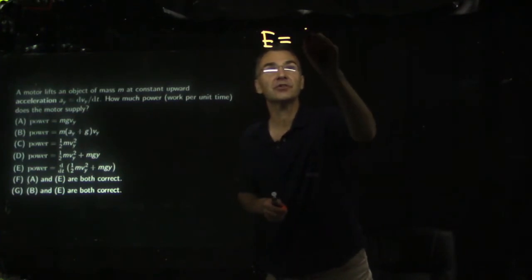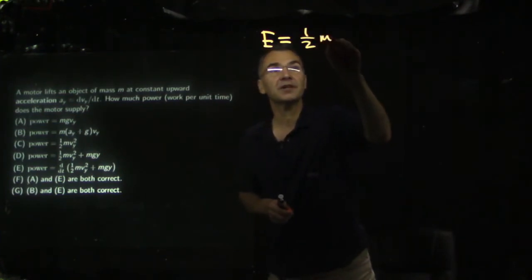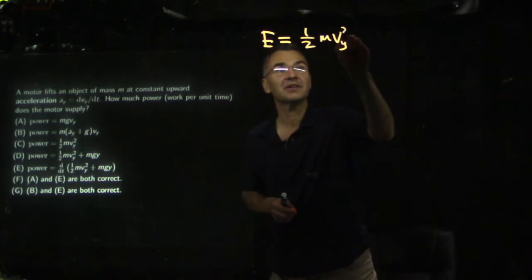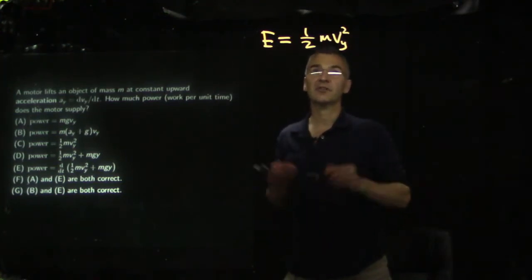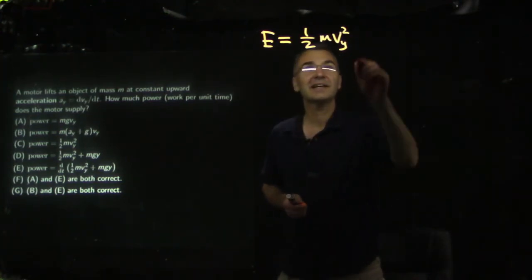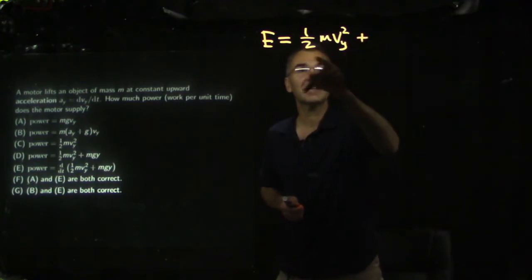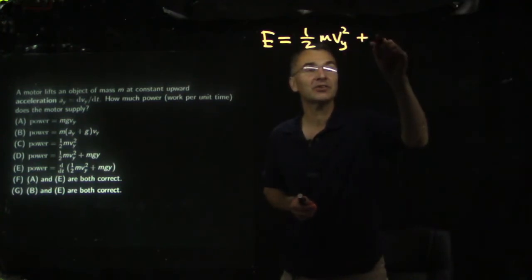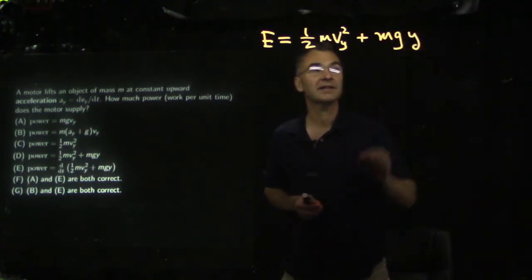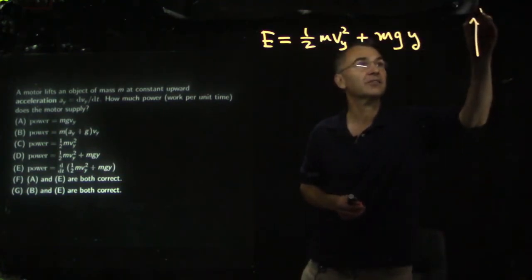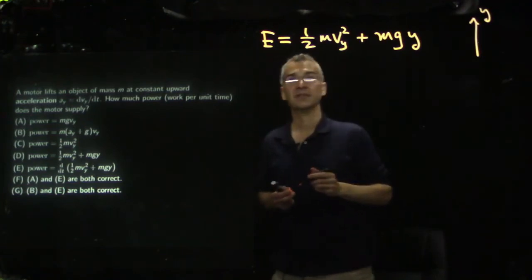The energy is 1/2 m times the speed squared, using y as the coordinate, that's the kinetic energy, plus the gravitational potential energy, which is mgy. I guess we have the y-axis pointing up.